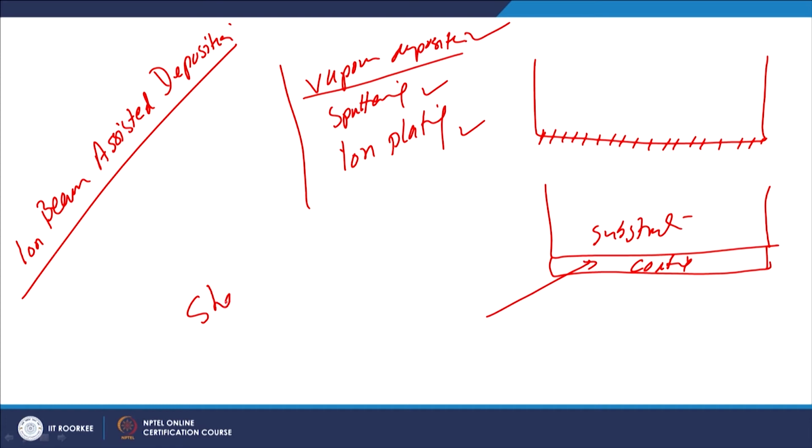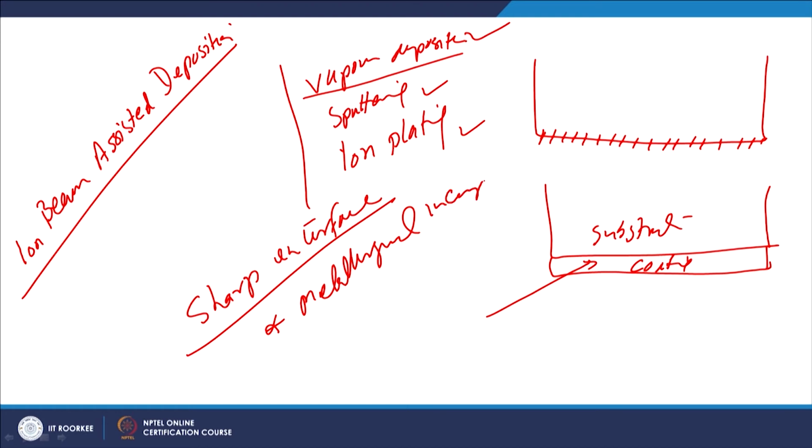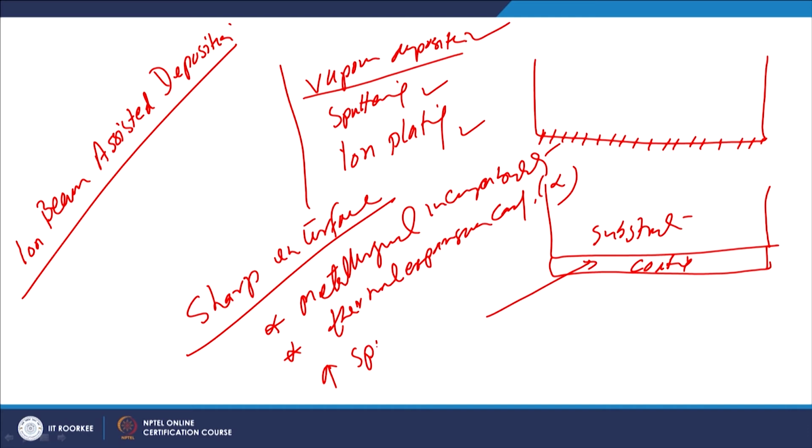Because of the sharp interface, we find a lot of problems, especially when there is metallurgical incompatibility or a difference with regard to the thermal expansion coefficient. So if the alpha is too different or the metallurgical incompatibility exists, then the sharp interface leads to an increased tendency of spalling or delamination.